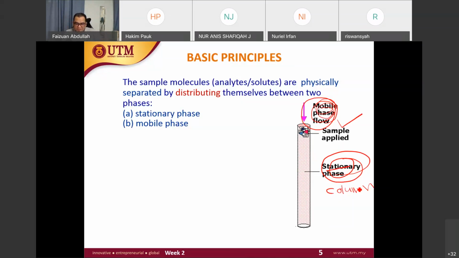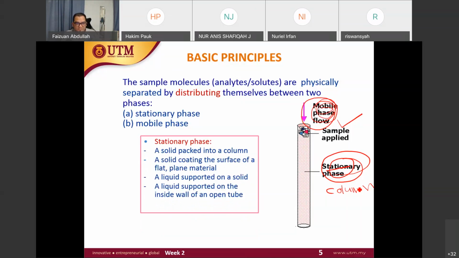Now, a stationary phase can be a solid packed into a column; in layman's words we just call it a column. A solid coating the surface of a flat plane material is also called a stationary phase.